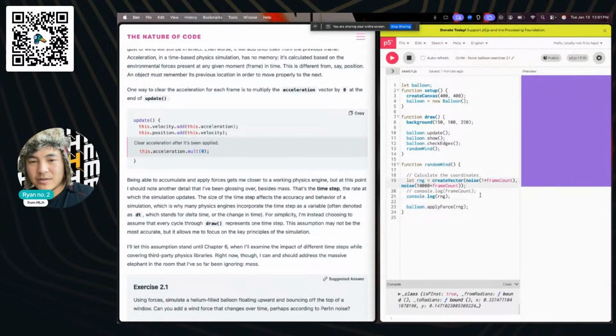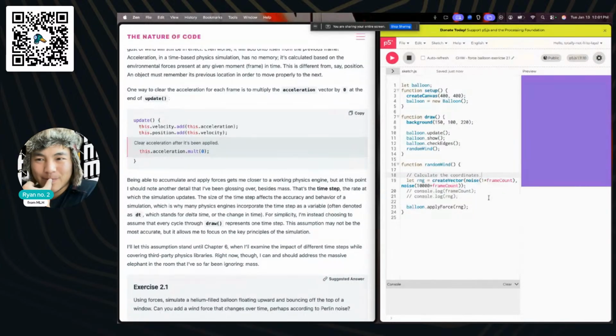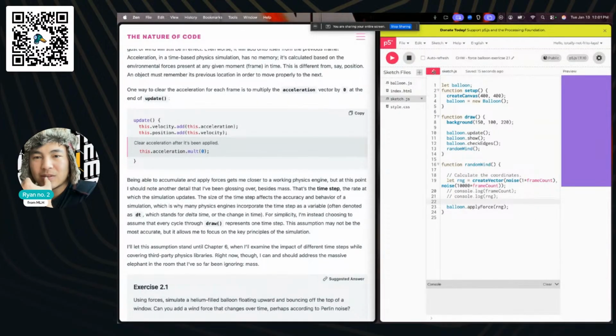Okay, so right now, we've added in our RNG vector, and we're applying it, so we've got the x and y vector that's moving faster and faster. Okay. So it's still disappearing off the screen. Let's make it so that the noise for the y value is actually negative.